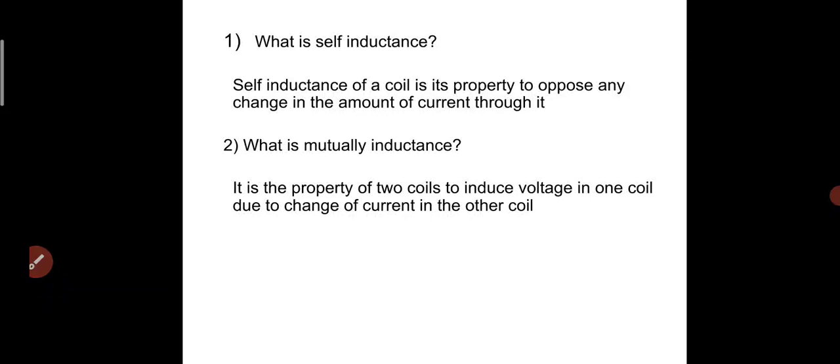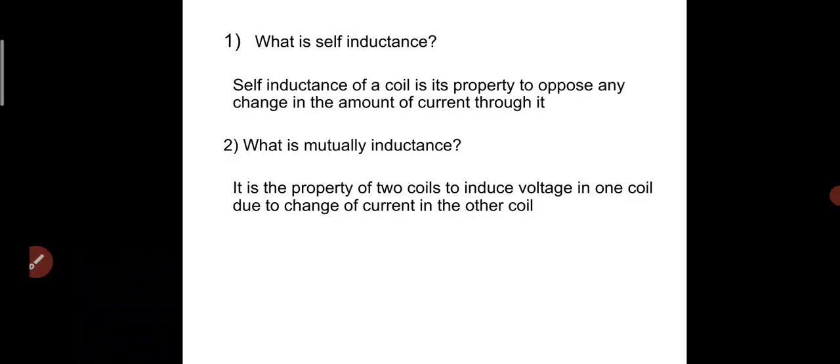So first one is, what is self-inductance? The self-inductance of a coil is its property to oppose any change in the amount of current through it.